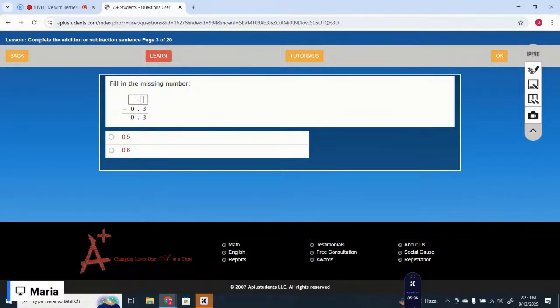Fill in the missing number. The missing number take away 0.3 equals 0.3. So which is the missing number?